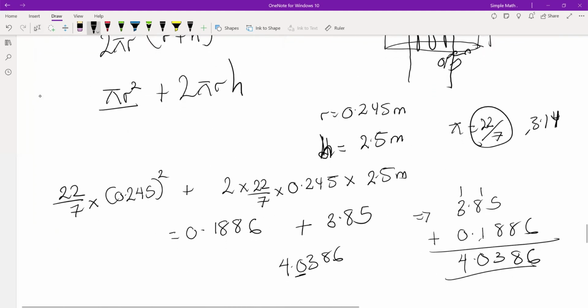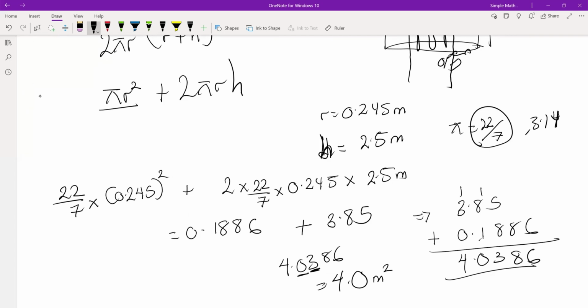The number after is 3, so this will be 4.0 square meters. That will be my answer. Yeah, that will be the answer, 4.0 meters squared, or 4.0 square meters, depending on how you want to say it.